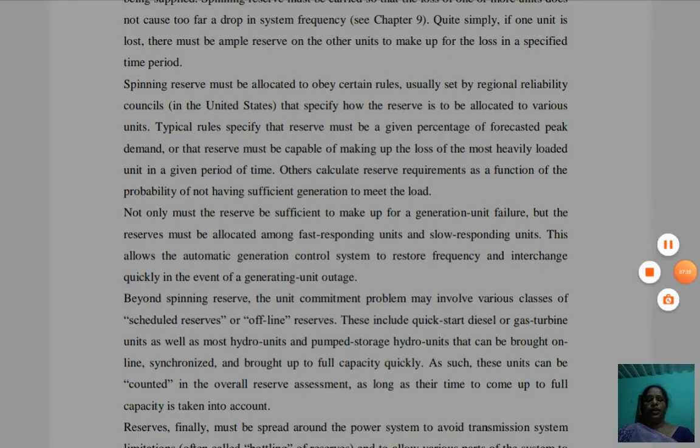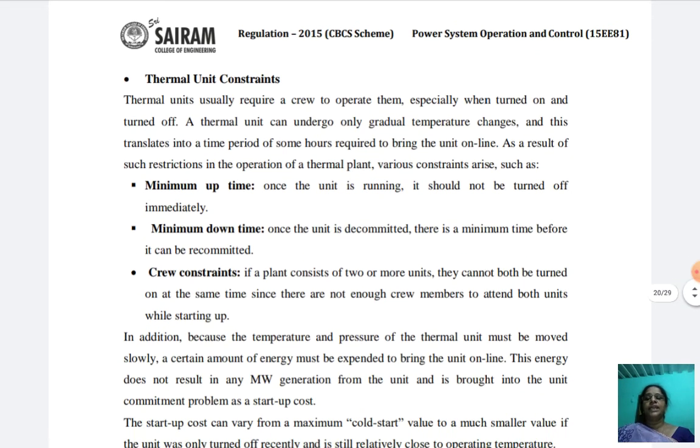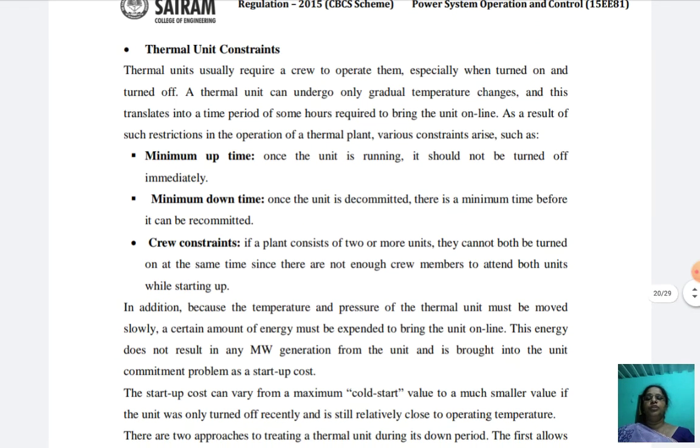Finally, the reserves must be spread around the power system to avoid transmission system limitations. That is called bottling of reserves, and to allow various parts of the system to run as islands should they become electrically disconnected. The second constraint is thermal unit constraint.